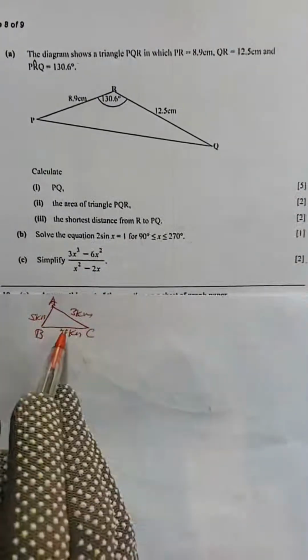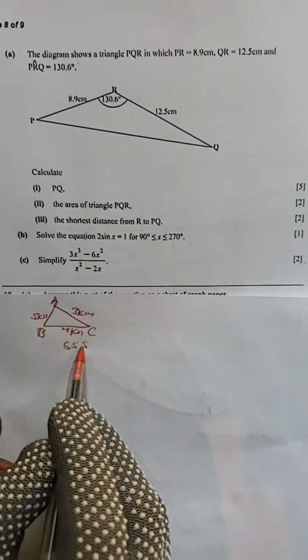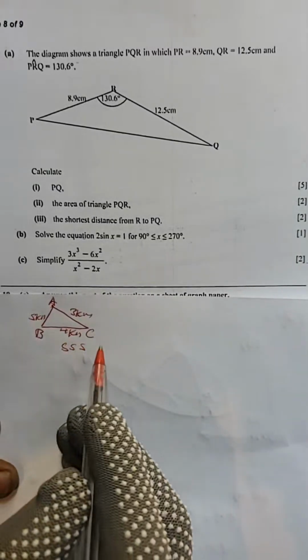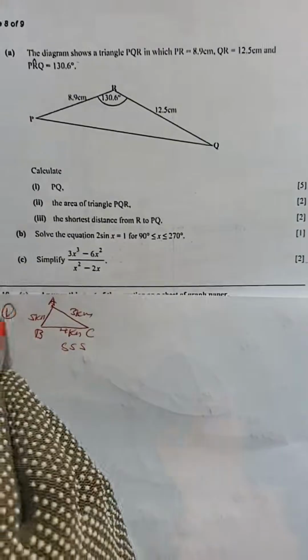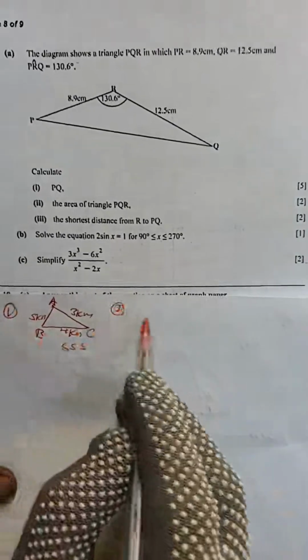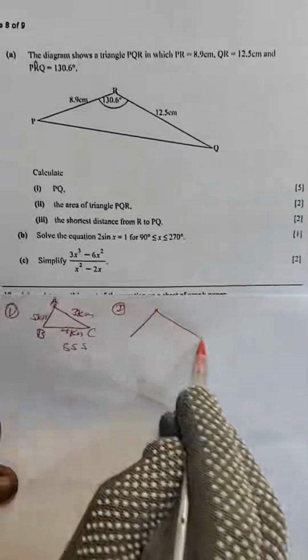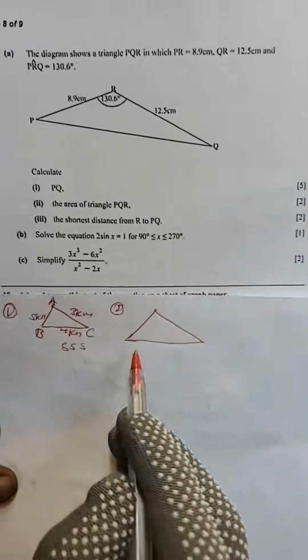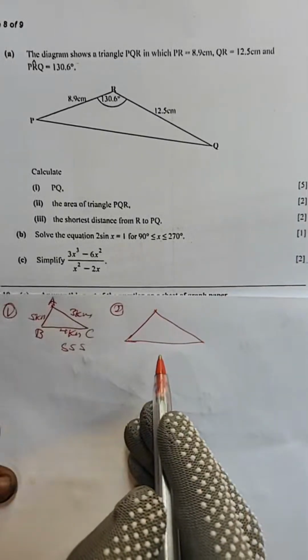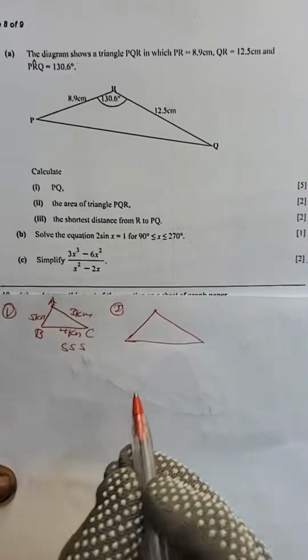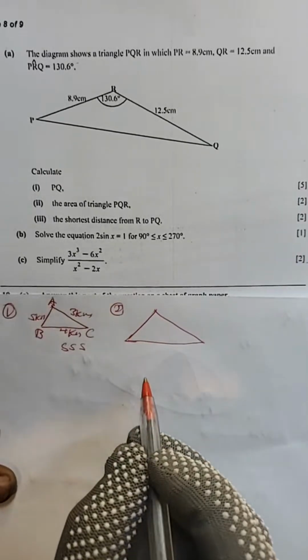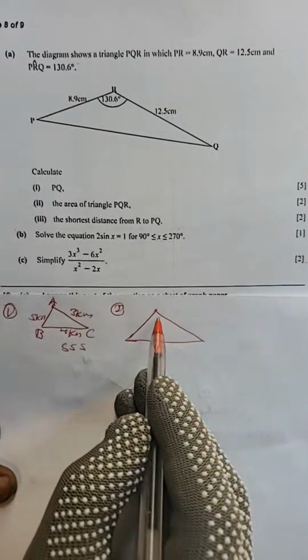When you're given side, side, side, you use the cosine rule. The second condition is when you are given two sides and an included angle. The included angle means the angle should be in between the two sides.